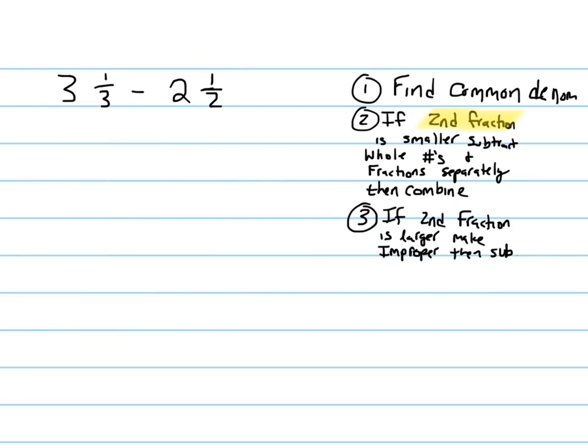Alright, now let's look at another one. I'm going to focus on this example because if the second fraction is larger, make it improper. So let's find a common denominator first. So I'd rewrite this as: I'm going to multiply this by 2 over 2 and this one by 3 over 3. So I'll keep my whole numbers, 3, and the new fraction is 2/6 minus 2, and this fraction is 3/6.